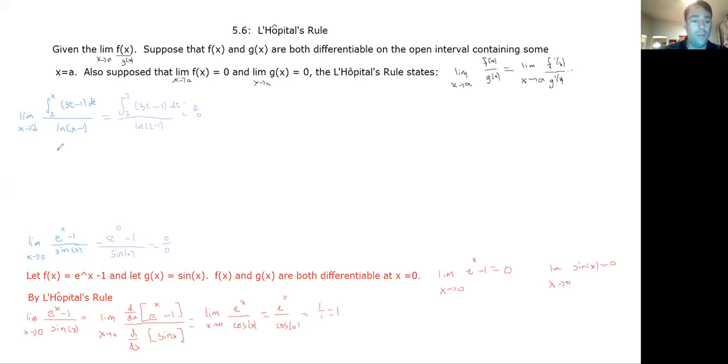So now we're going to do our setup. So let f of x be equal to the integral, so I can't make that 2 a little bit better down there. There we go.